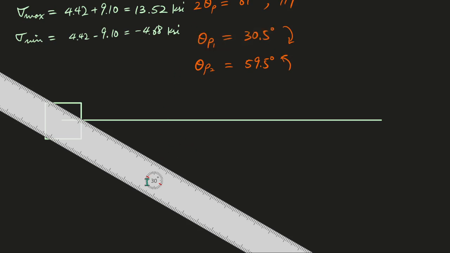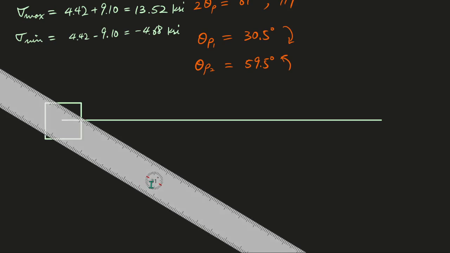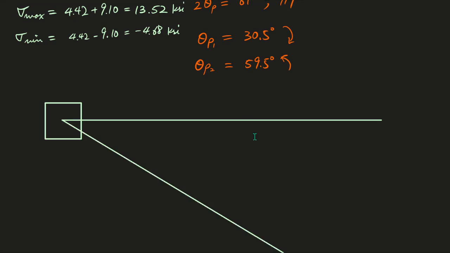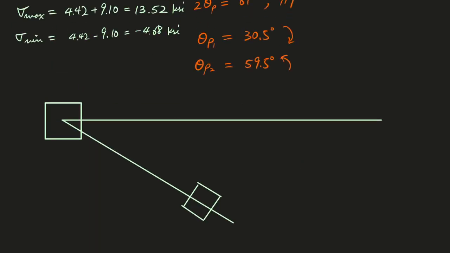That's 30.5, which is roughly 31 degrees. So I'll set my ruler to that and draw a long line through. Take away that ruler, and draw a square on it. Not the best square ever, but it'll do the job. Roughly like that.